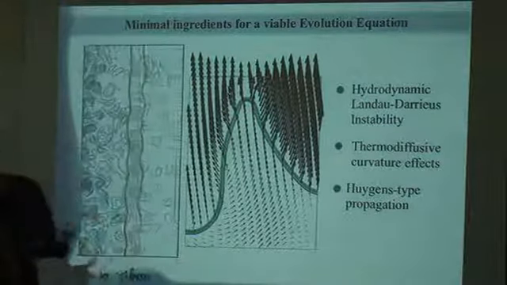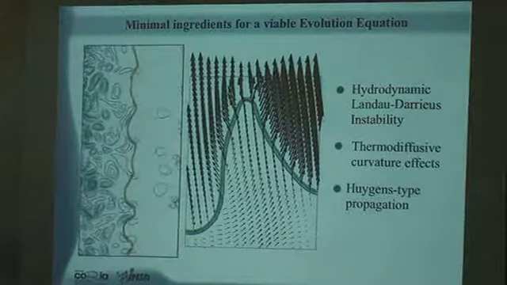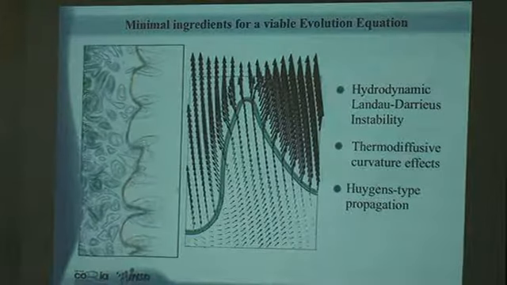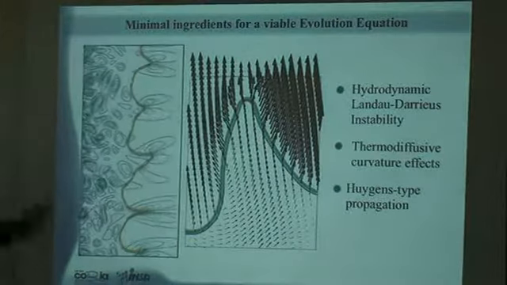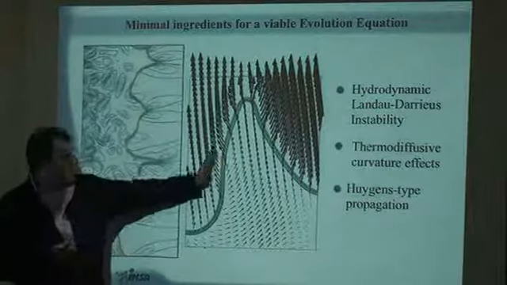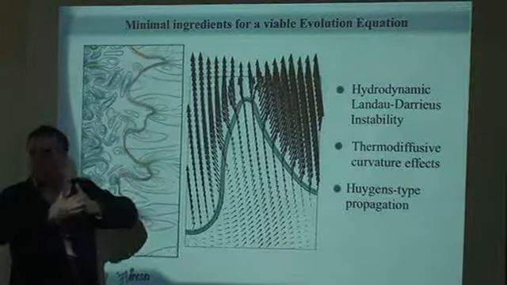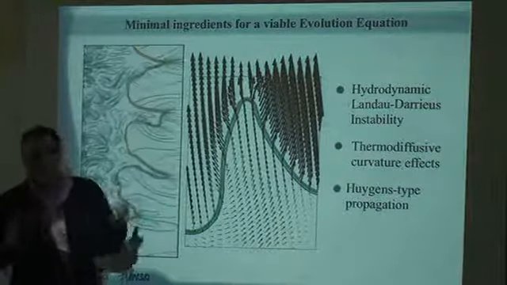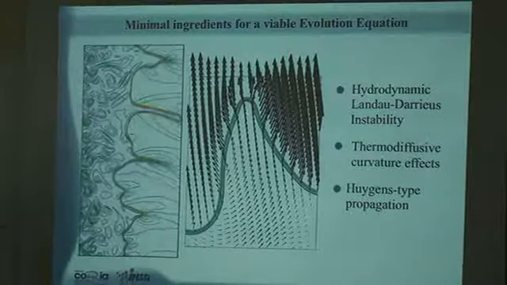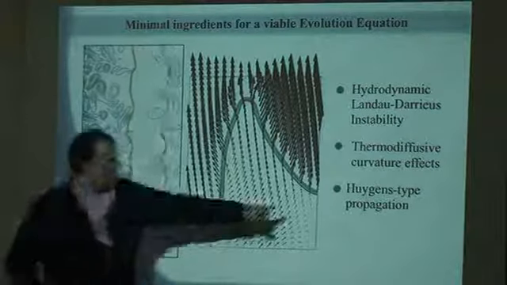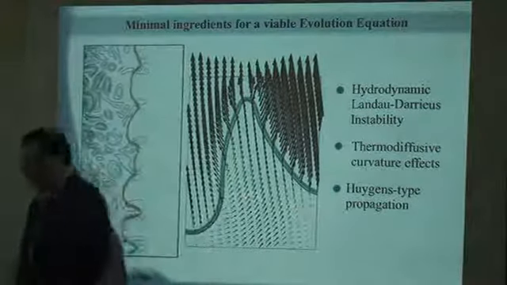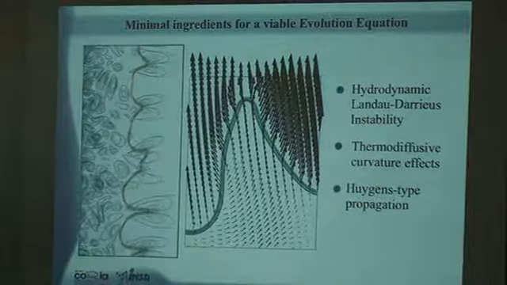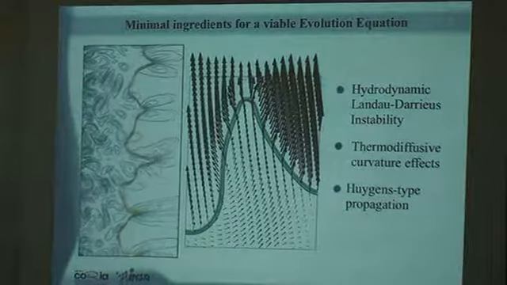This is well known since 70 years. Another effect is that the flame tends to propagate normally to itself. It's a geometrical way of propagation. I would call that a Huygens type propagation, and it's of geometrical origin.